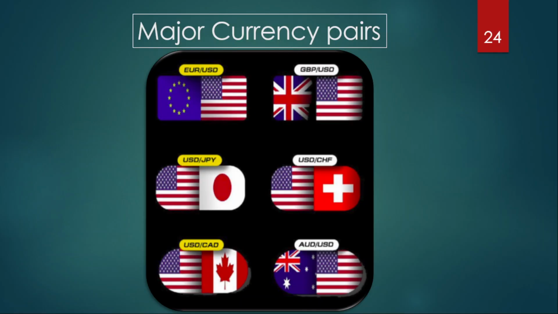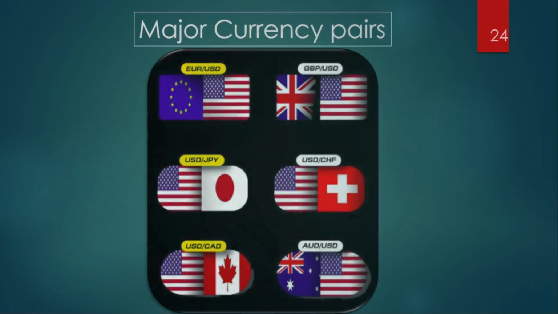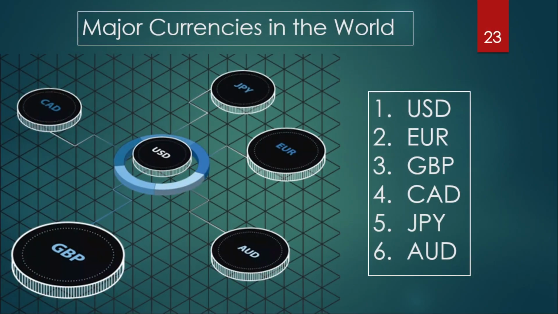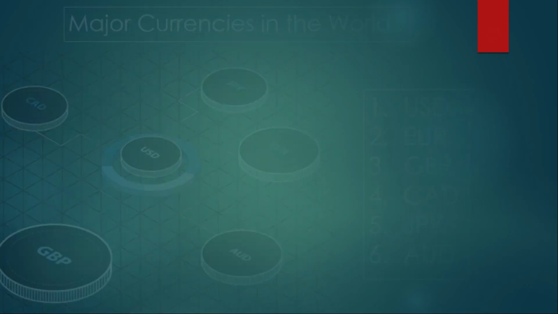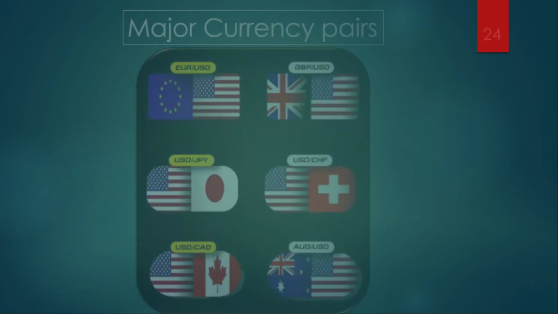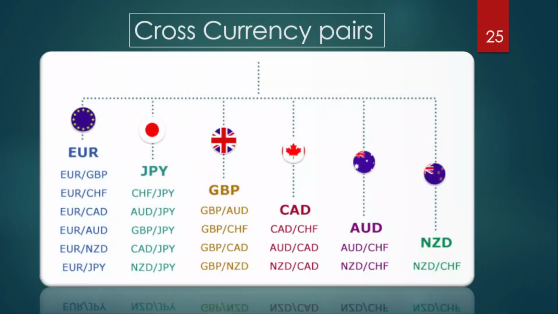All the major currencies we talked about, which are USD, Euro, GBP, CAD, JPY, and AUD, when they are paired among themselves, are called cross currency pairs.